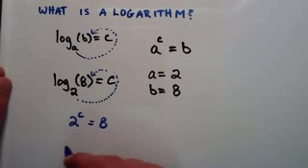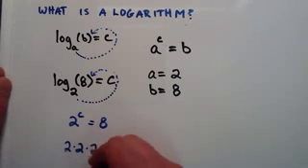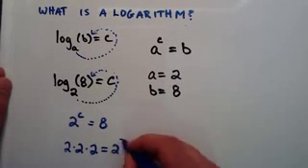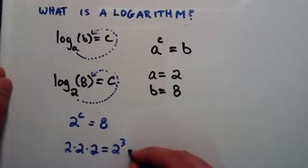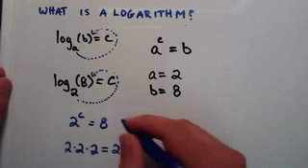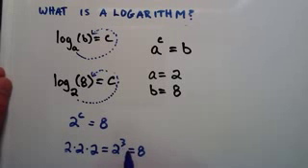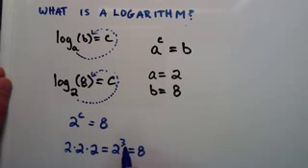It turns out that 2 multiplied by itself 3 times, 2 times 2 times 2, is the same thing as 2 to the third, and 2 times 2 is 4, 4 times 2 is 8, so this equals 8. So our C has to be equal to 3. 2 to the third equals 8, 2 to the C equals 8, C equals 3.